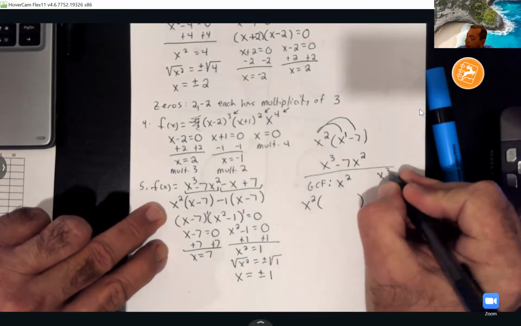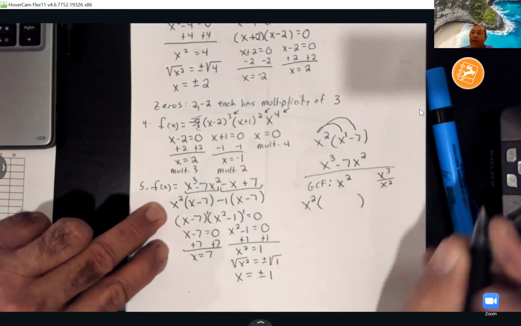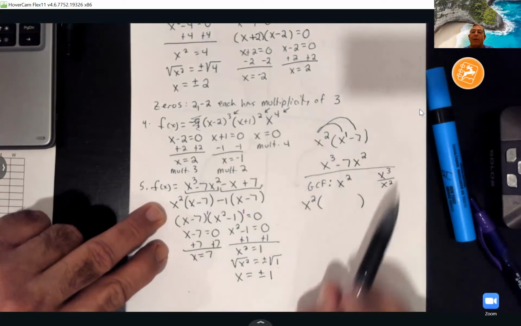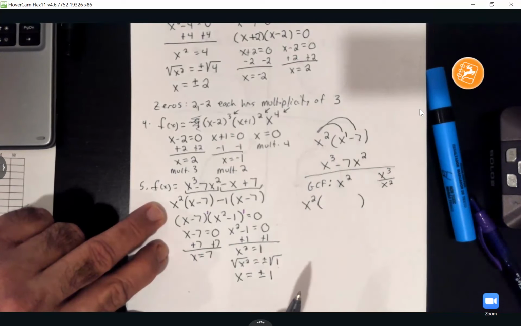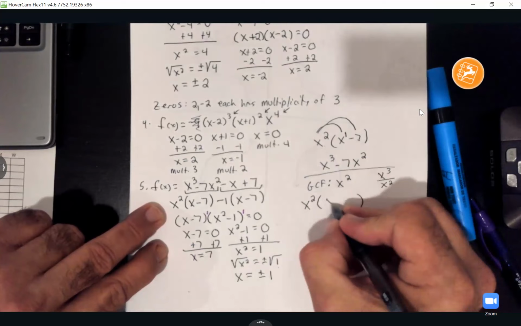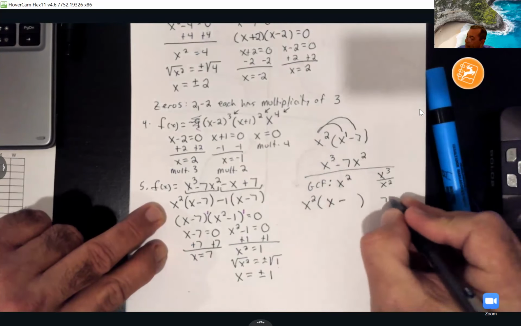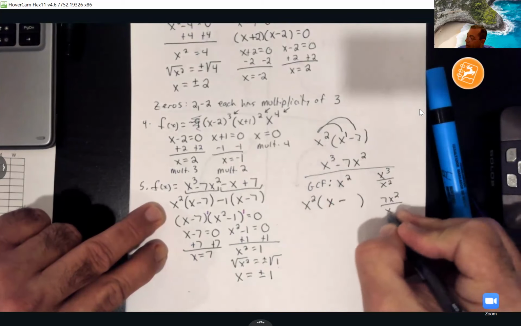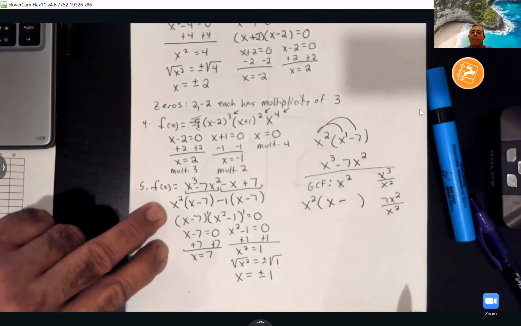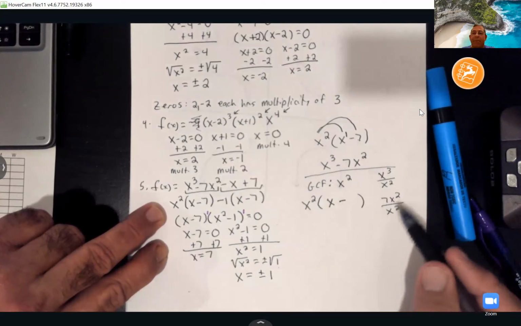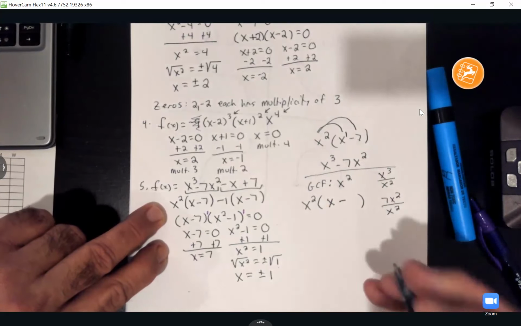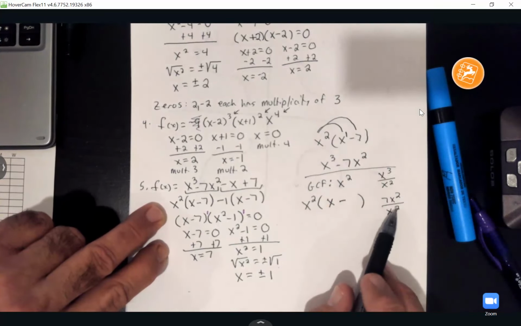So let's think about that. x3 divided by x squared. What will that give me? Just an x. Right, then we got our minus. And then we got 7x squared divided by that x squared. Well, what happens here? 7x? Or is it 7x squared?